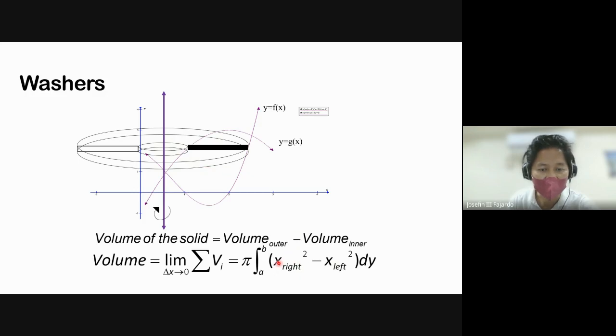Okay? Pasensya na, medyo hindi lang isinama dito yung assuming nito ay yung ating y-axis pa rin yung ating axis. Okay? So the x right minus x left, parang dalawang x right minus x left ang gagawin natin dito. Okay? So we will show it to you later. Okay nga. Let me have an example.